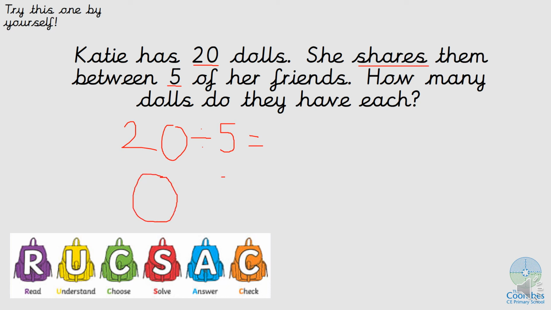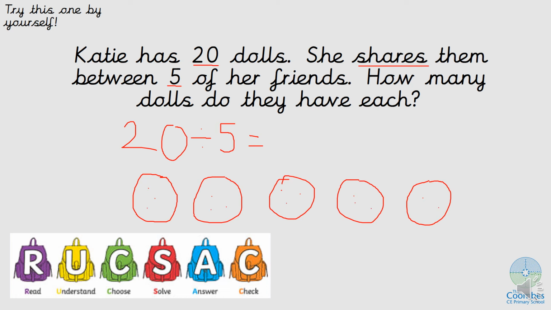1, 2, 3, 4, 5, and I'm going to share out 20. 1, 2, 3, 4, 5, 6, 7, 8, 9, 10, 11, 12, 13, 14, 15, 16, 17, 18, 19, 20.